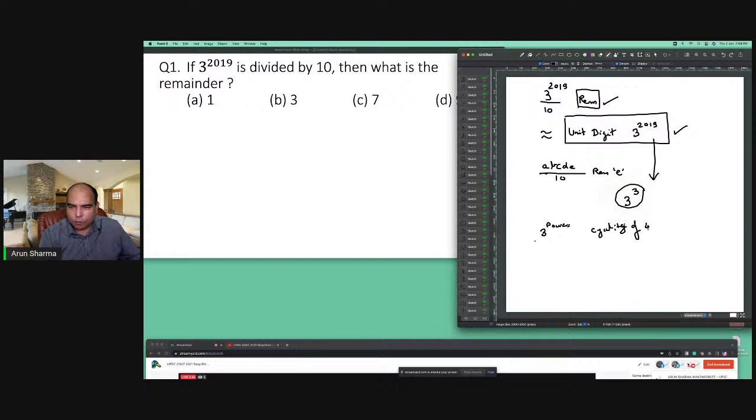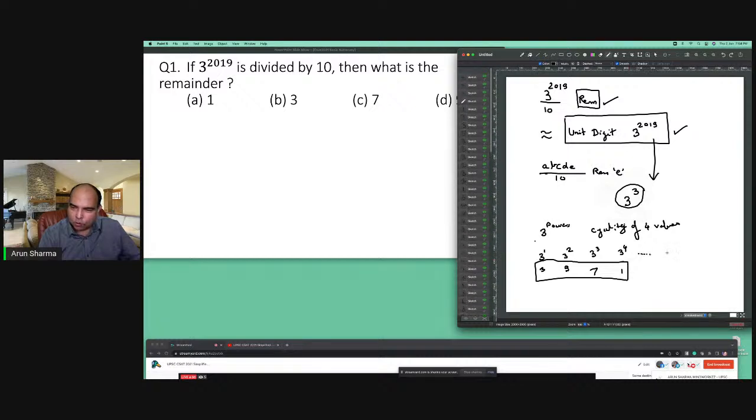They have a cyclicity of 4 values, and that cyclicity is 3 raised to 1 is 3, 3 square is 9, 3 cube is 7 unit digit, and 3 raised to 4 is 1. And these 4 numbers repeat going from 3 raised to 5 to 3 raised to 8. They repeat from 3 raised to 9 to 12 and so on.